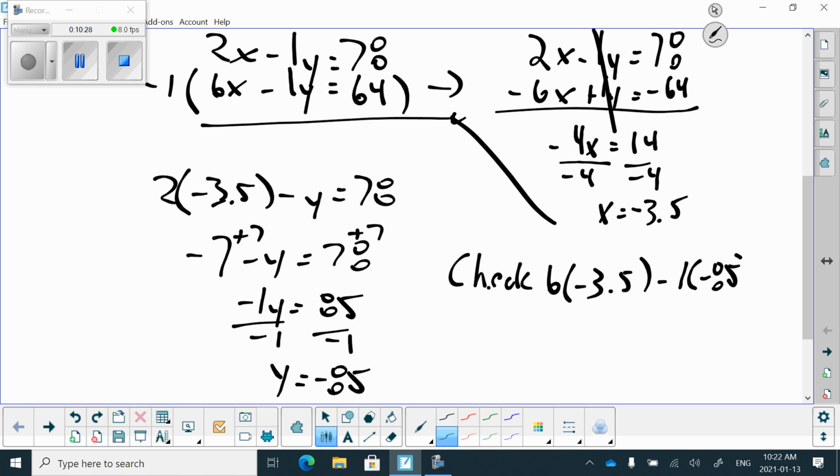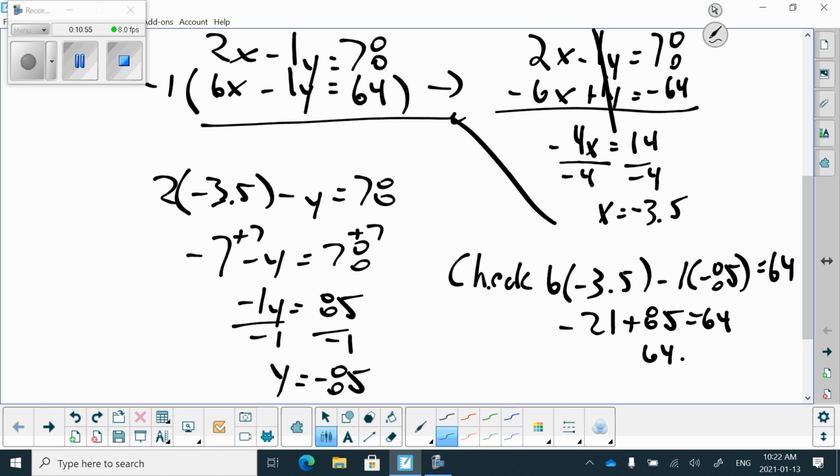So I'll fill it in. You can tell me what to do from there, please. Negative 21 plus 85 equals 64.